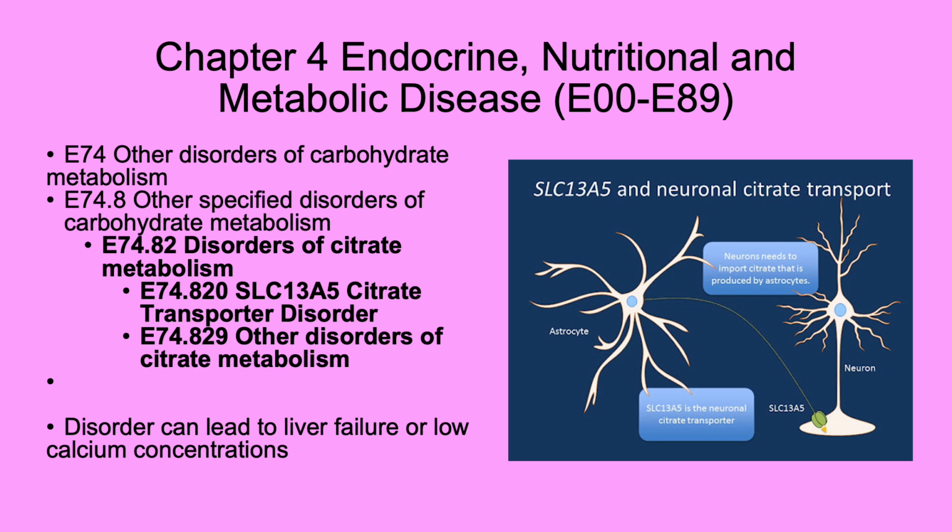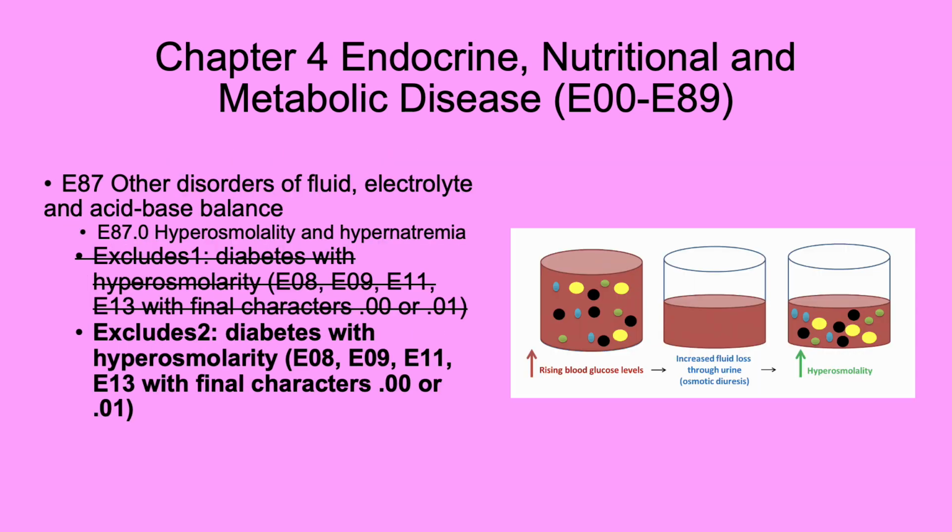The citrate transporter disorder can lead to liver failure or low calcium concentrations, which of course can affect bones. You can see from the picture, this can affect nerves also. Liver failure, low calcium concentration. So this is serious stuff. So they added a code to capture that information.